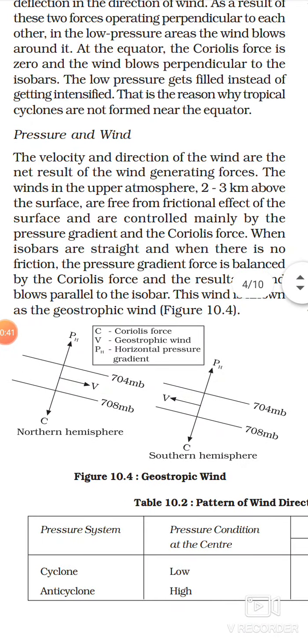So the velocity and direction of wind are the net results of the wind generating forces. The winds in the upper atmosphere, 2 to 3 kilometers above the surface, are free from the frictional effect of the surface and are controlled mainly by the pressure gradients and the Coriolis force, because there doesn't exist any kind of internal force of the earth.